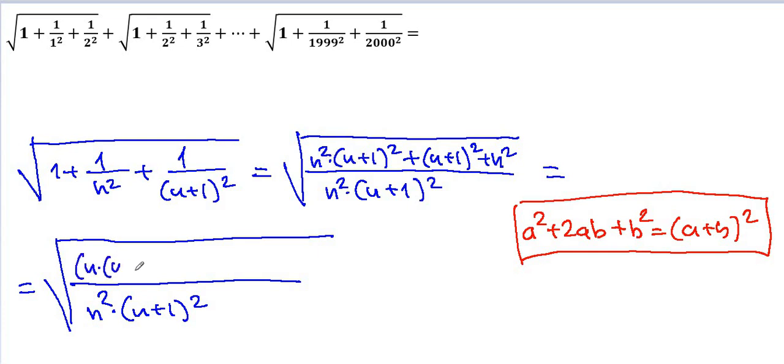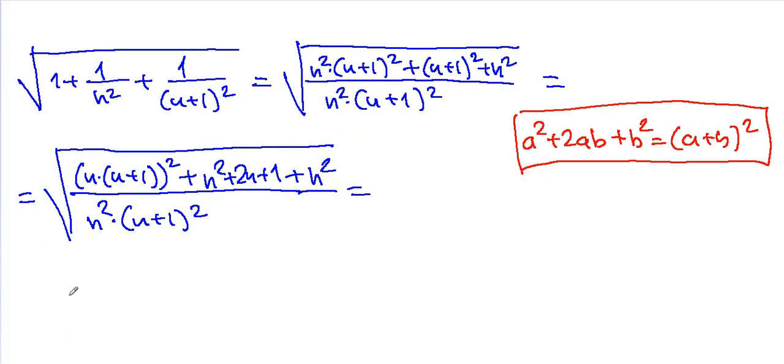So n times n plus 1 to the power of 2 and plus, the second, this perfect square can be expanded, so n squared plus 2n plus 1 and plus n squared, and this is going to be equivalent to, now here I can again rearrange the numerator of the last expression.